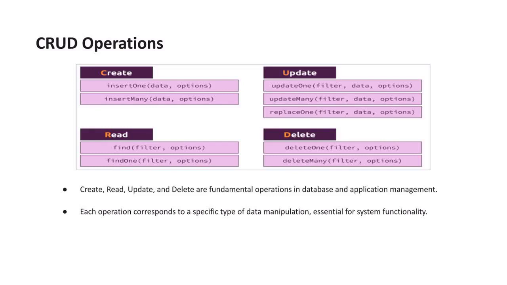Reading data allows you to retrieve and display that information to users, or use it for analysis. Updating data ensures that your records remain accurate and up to date. And deleting data allows you to remove obsolete or unnecessary information, maintaining the integrity and efficiency of your database.